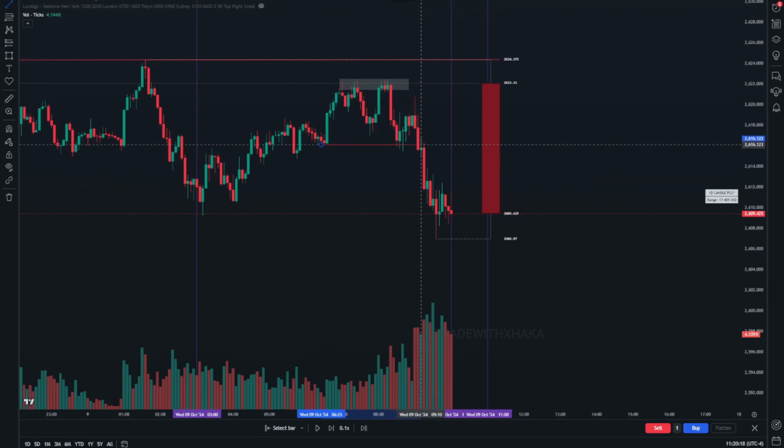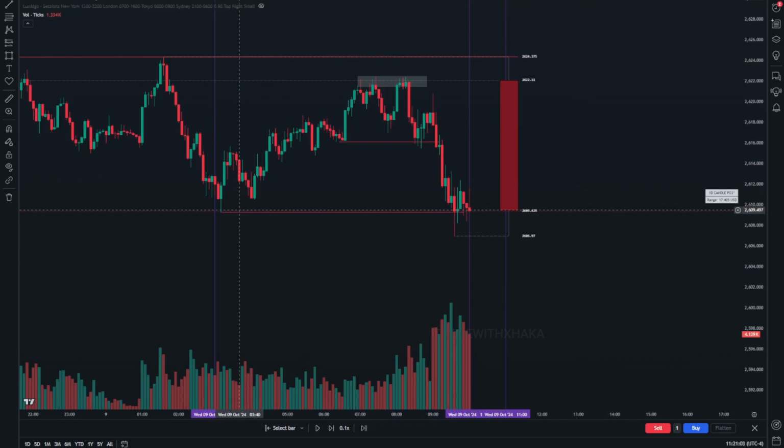I'm doing this for your better understanding, but our guide is all this liquidity: previous daily high, previous daily low, recent open, New York and London session high, London session low. So all these things are where our interest will be, but I'm trying to make it simple to tell you that the price is still in downtrend.